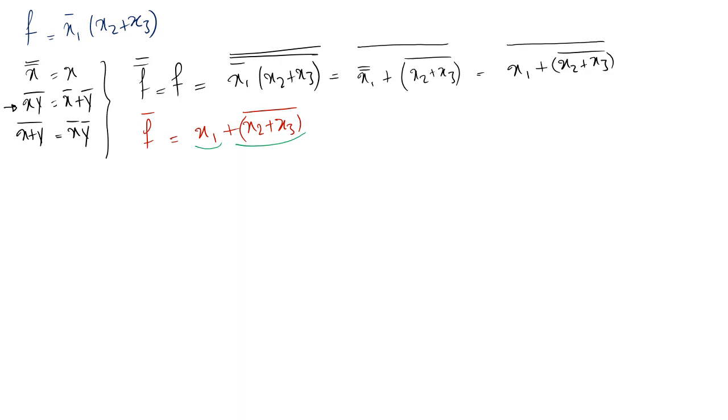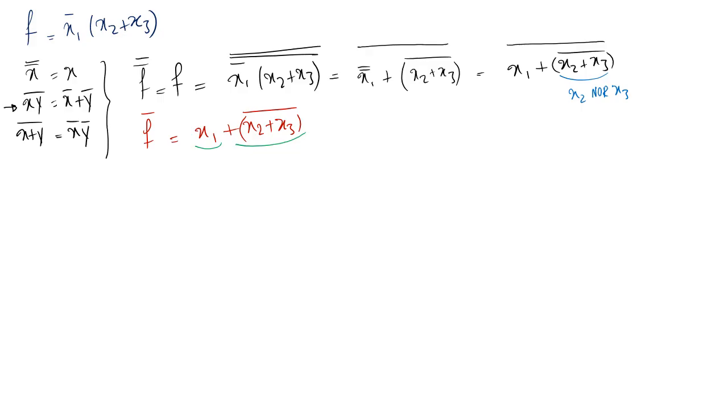So I can look at it from this F bar point of view, or I could have seen that I have x2 NOR with x3, and then the result is NOR with x1.